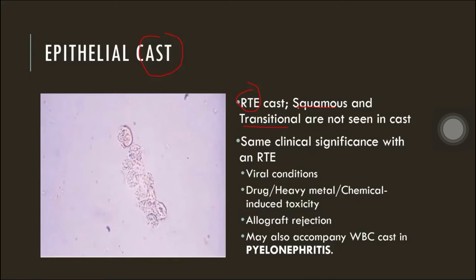Okay, so saan ba nakikita tong squamous at transitional? Okay, at the lower urinary tract. Si squamous, usually nasa urethra. Si transitional, pwedeng ureter, pwedeng bladder. Okay, pwedeng sa calyces. Okay, sa ureter, bladder. Okay. So, nasa lower urinary tract na siya. Okay. So, si RTE lang naman yung present sa upper urinary tract.